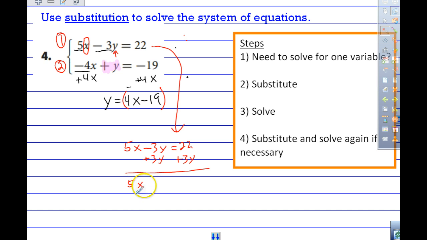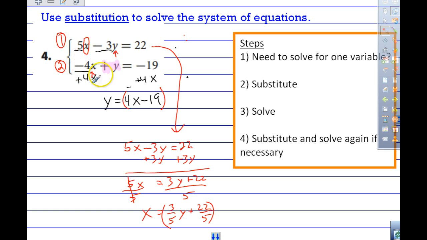I'd have 5x equals 3y plus 22. Then I'd divide both sides by 5. And I'd have x by itself. See? I have x equals. But the problem that shows up is now I have 3/5 y plus 22 over 5.